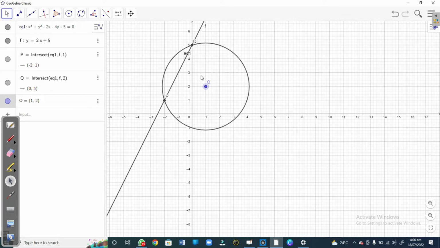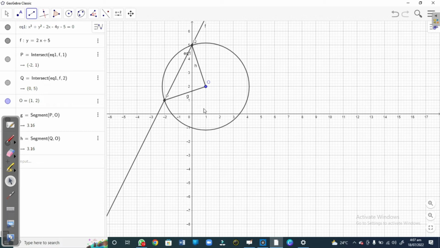Let me connect O and P and then O and Q to get my two line segments QO and PO. Alright, so I just have my line segments PO and QO.